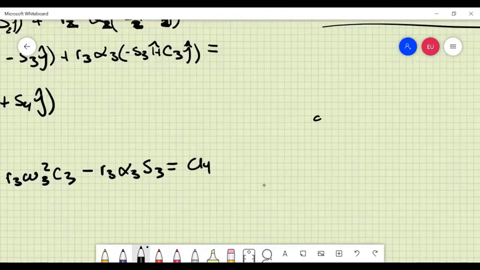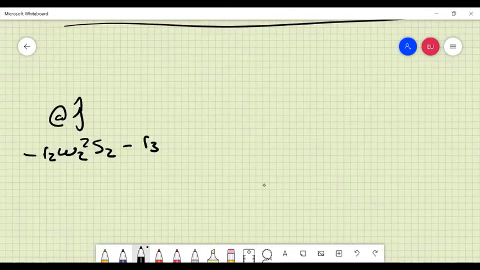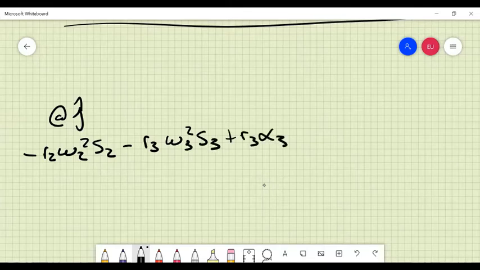And vertically, minus R2 omega 2 squared sine 2, minus R3 omega 3 squared sine 3, plus R3 alpha 3 cosine 3, equal to 0.